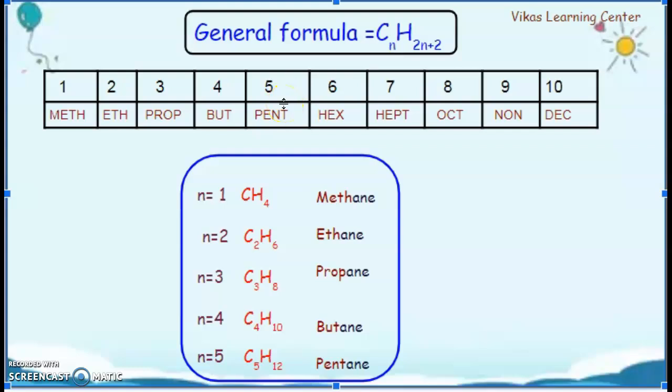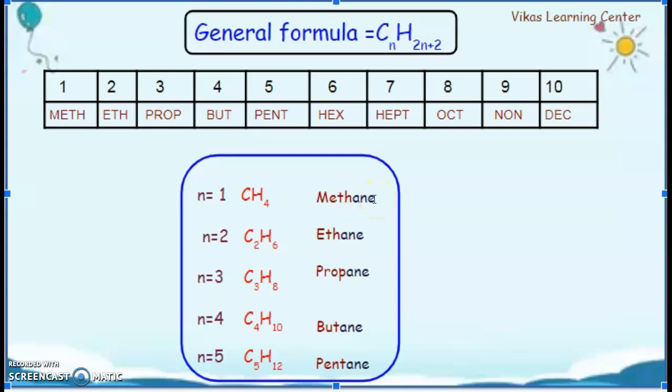Well, now let's look at the naming of these compounds. You saw here that whenever there is 1 carbon atom, the name initiates with meth. And as you saw, these compounds have only single covalent bonds, so the suffix is ane, that is of alkane.